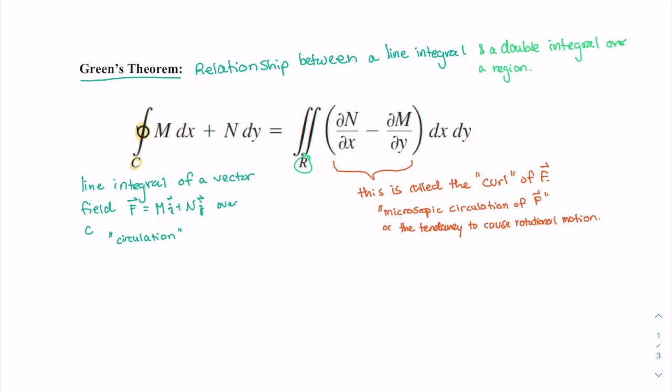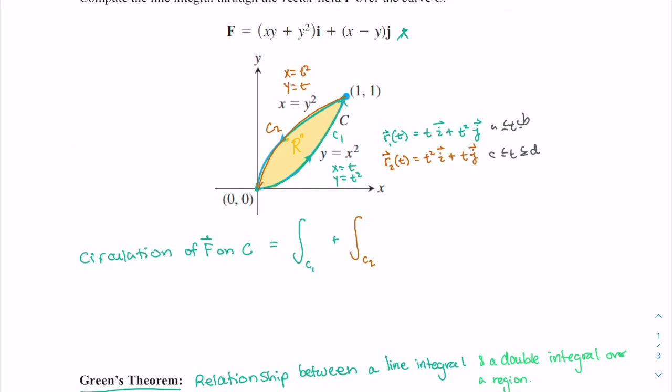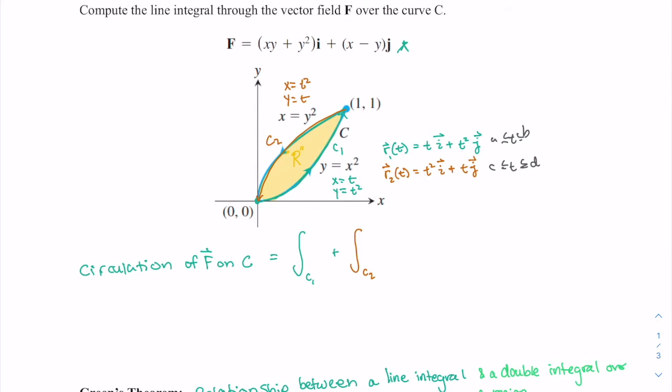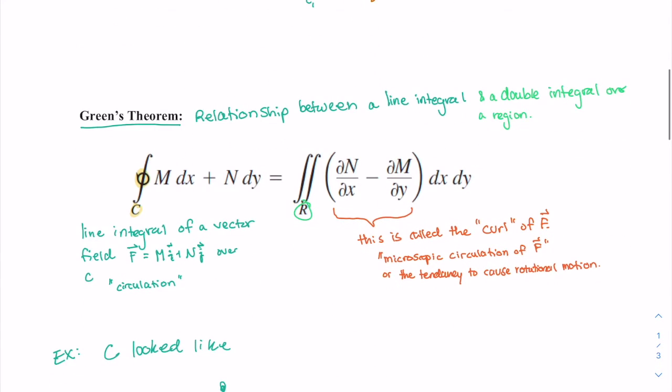If for example C looked like this, if your C was just a path that is not a simply connected curve, then there would be no way to write an equivalent region for this integral. This curve does not close a region, whereas in this case it does. It's a simply connected curve if you combine both C1 and C2, and therefore it would enclose a region that you could use for the right-hand side of Green's theorem.